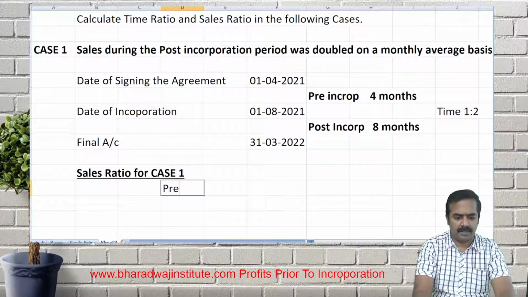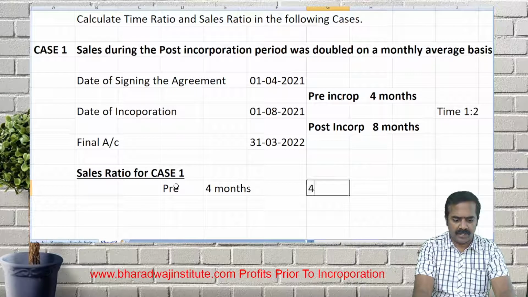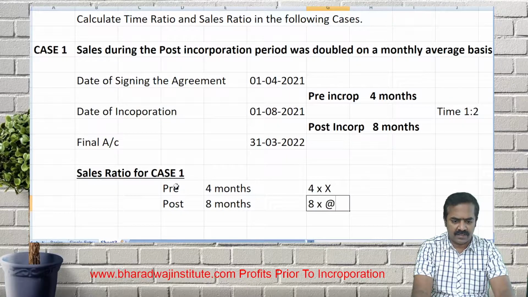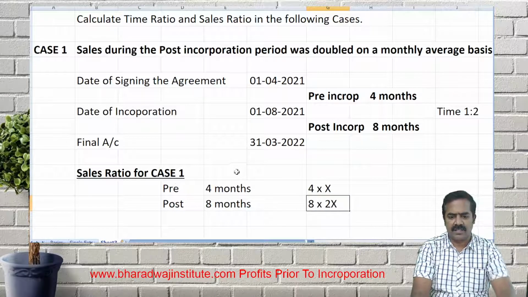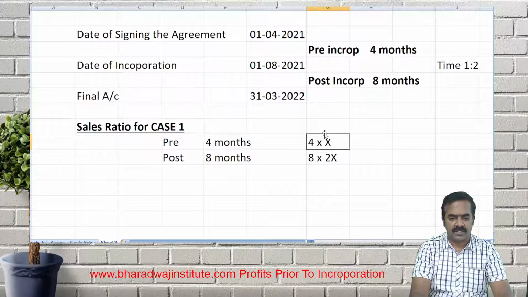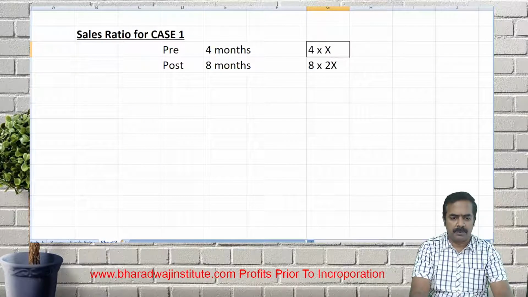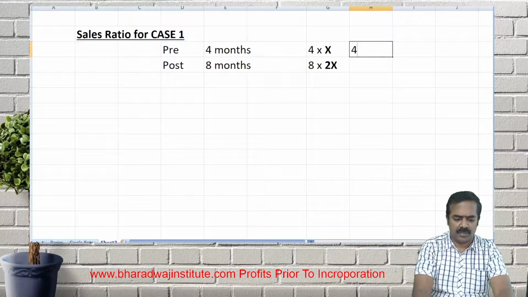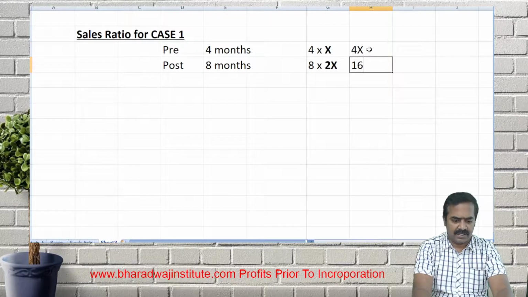So pre-incorporation, if it is 4 months, it is like 4 into X. Post-incorporation, how many months? 8 months into 2X. Doubled on a monthly average basis. If you are selling for X per month during the pre-incorporation period, post-incorporation we are selling for 2X. So 4X and 16X.